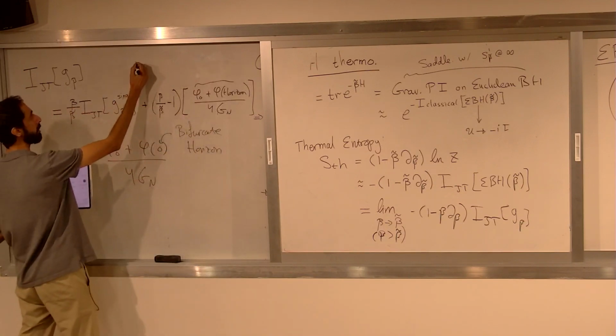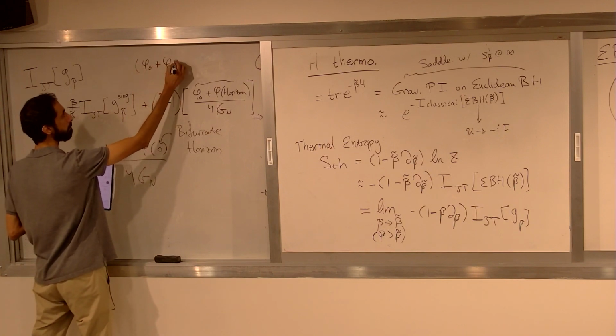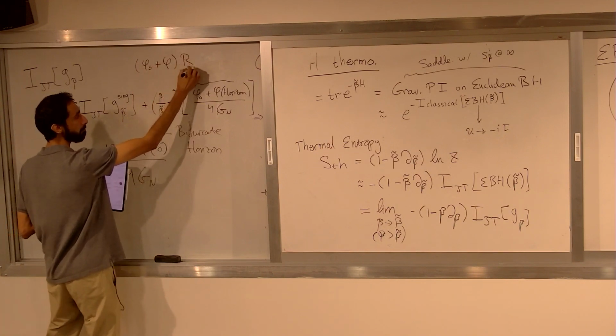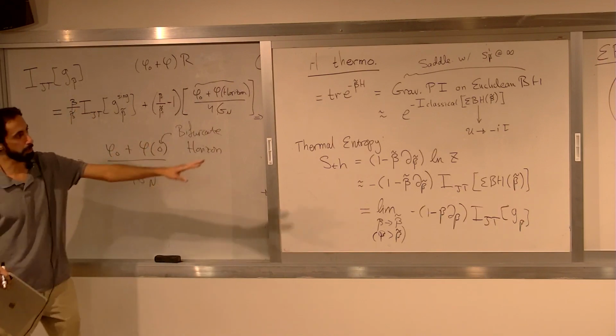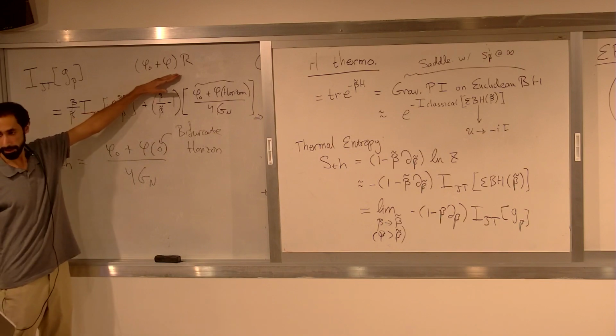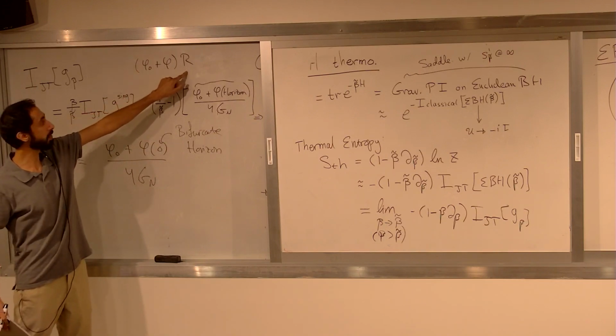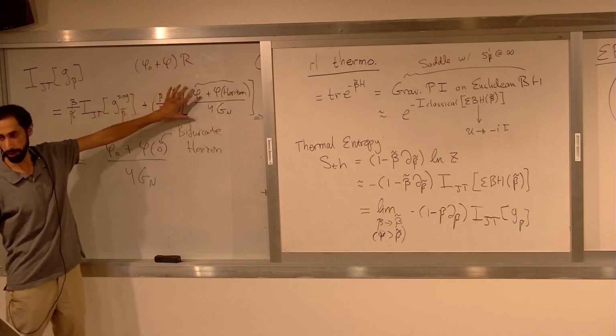In the JT action, we have something that looks like this. Okay? That was a general discussion. We have something like this, so some function of I times r. Because of the conical singularity, we are going to get a term that looks like this.